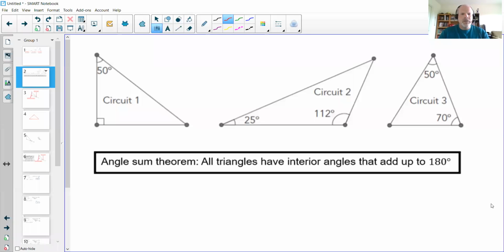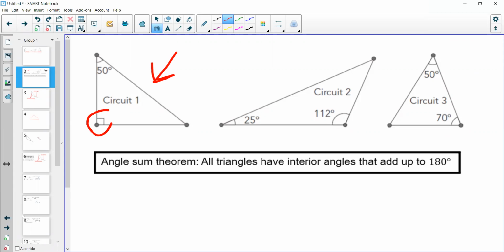So the angle sum theorem states, as shown on the screen, that all triangles add up to 180 degrees with their interior angles. So in the cases shown on the screen, for this triangle, I have a right angle here, which is 90 degrees. I have a 50-degree angle here.